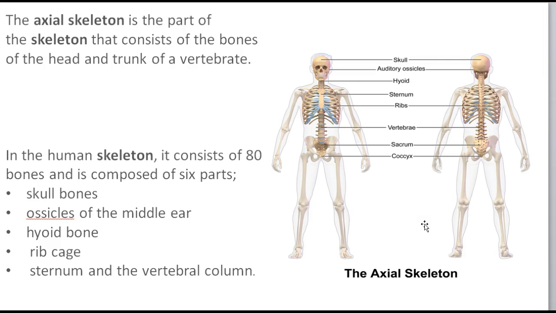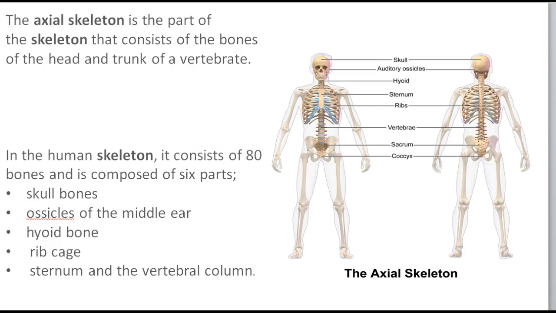A human skeleton has 80 bones in the axial skeleton, composed of six parts: skull bones, ossicles of the middle ear, the hyoid bone just under your chin, your rib cage, your sternum, which holds your rib cage together, and your vertebral column.